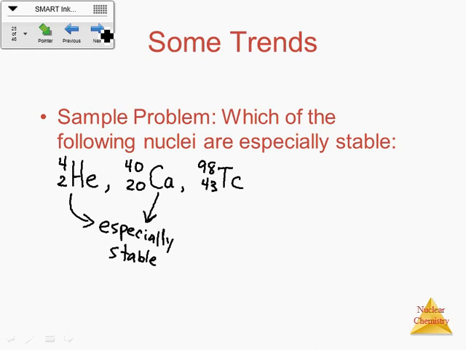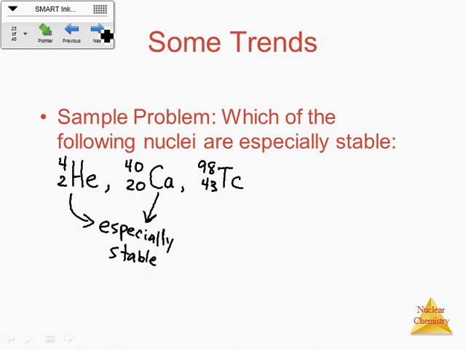Then if you look at Tc, I don't remember what Tc is. I should probably know that. Technetium, maybe? Anyway, regardless of what it is, it definitely does not fall into the magic number of protons, and it has 55 neutrons, so it doesn't fall into the magic number for neutrons either.